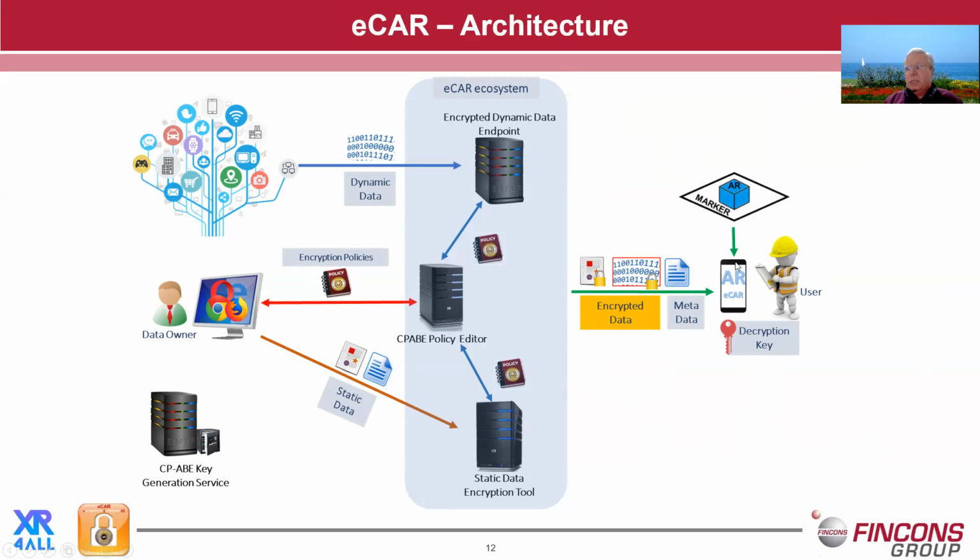And so when, in an eCAR augmented reality application, a visual marker is recognized, the metadata information associated to the marker is downloaded, and then the data sources that are referenced within the metadata are accessed, decrypted, and if the decryption succeeds, presented to the user using an augmented reality approach.